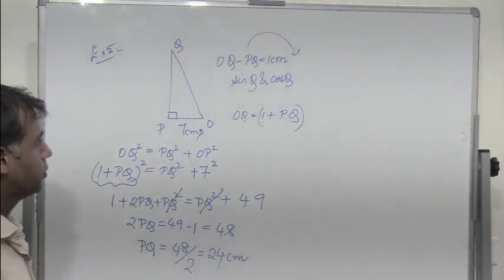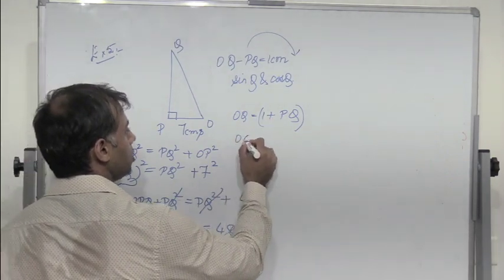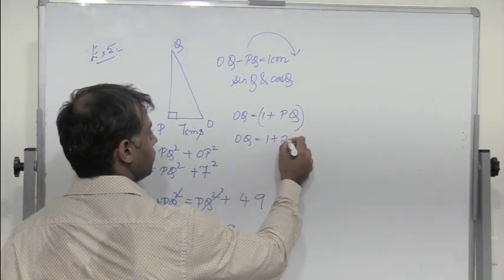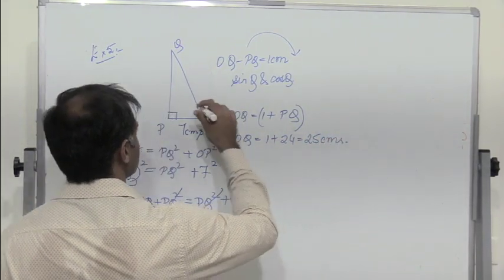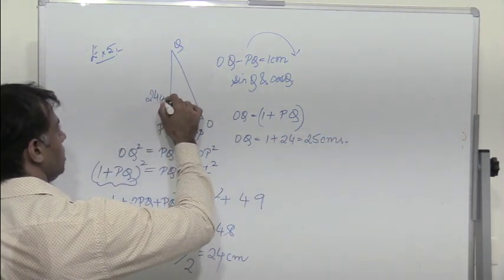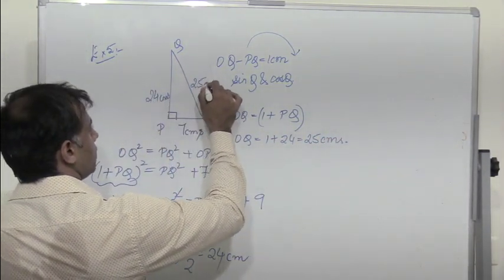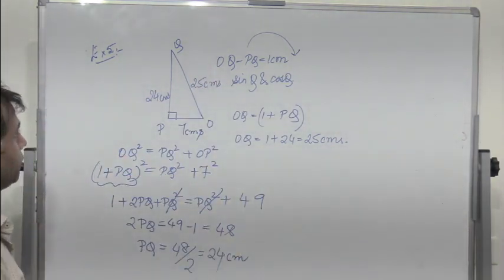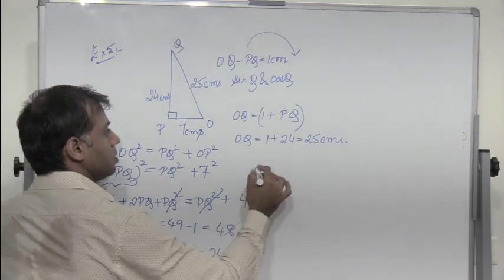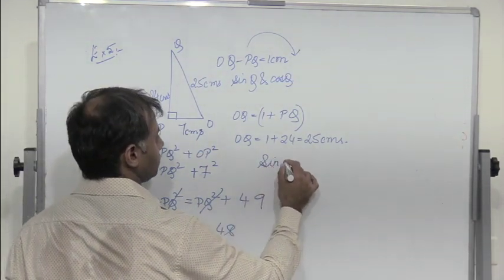If PQ is 24 centimeters, what is OQ? OQ is 1 plus 24, which is 25 centimeters. So this is 24 centimeters, and 25 centimeters is OQ, which is the hypotenuse. So I need to find sine Q. What is sine Q?